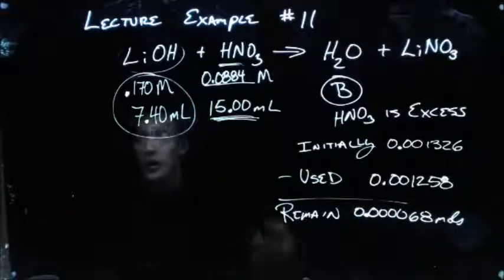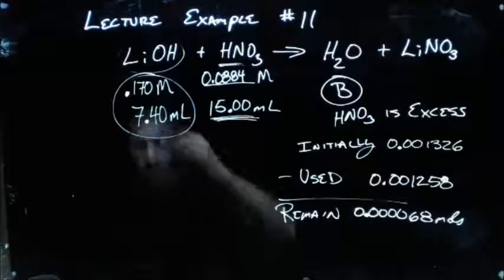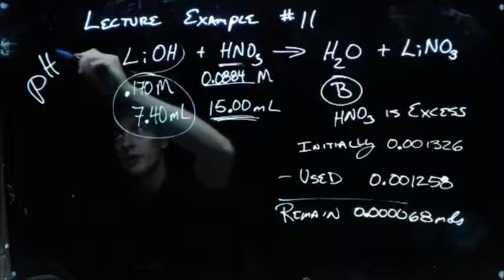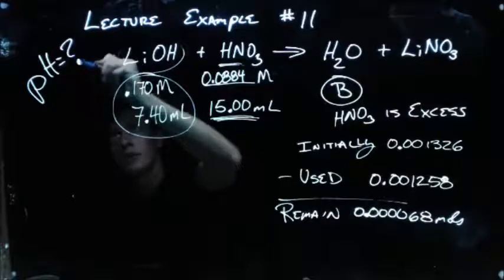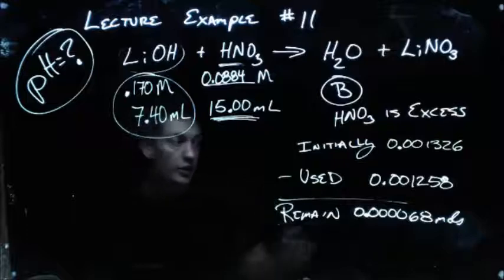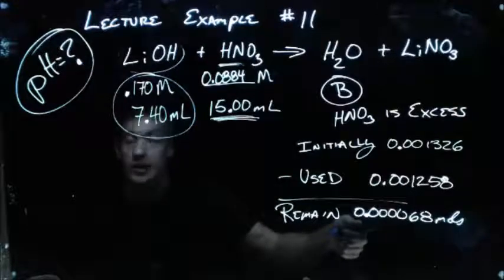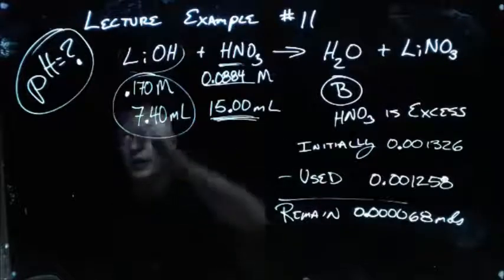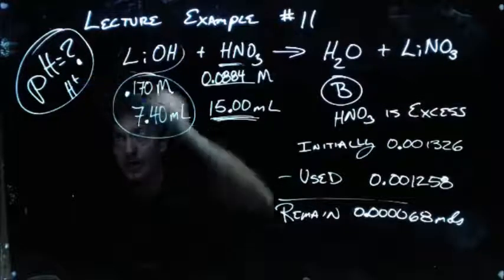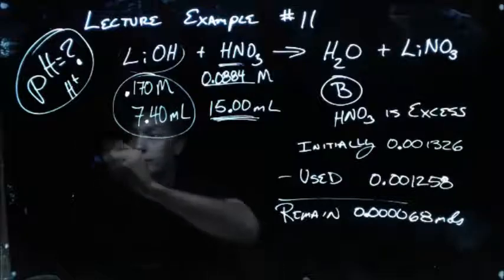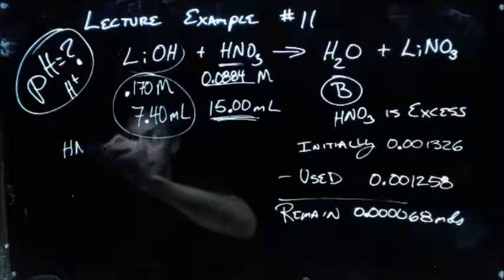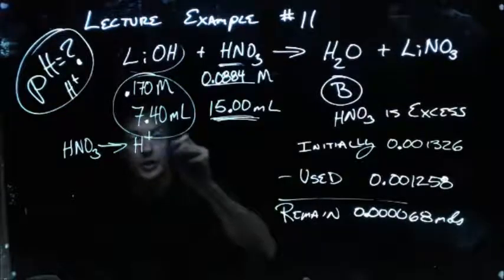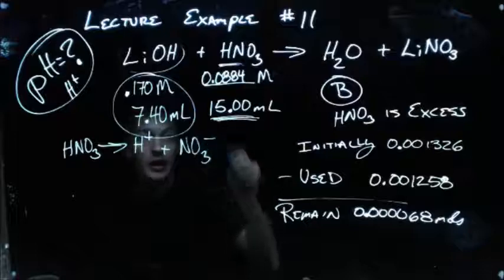Now what does that tell me? Because what's my ultimate goal? My ultimate goal, the question asks for, what's the pH of this mixture? Well, to find pH, I'm going to need to know the H+ concentration. So let's remind ourselves that nitric acid is a strong acid, and it's going to dissociate completely into H+ and NO3-.